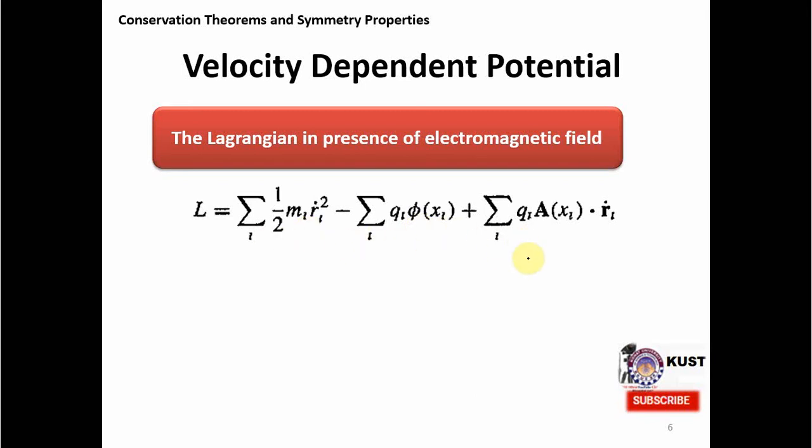I have dropped the first generalization, of generalized coordinates, just to illustrate what happens when we go to velocity dependent potentials. But then we will use both of these generalizations together to develop the definition of the generalized momentum and generalized force and the conservation theorems.